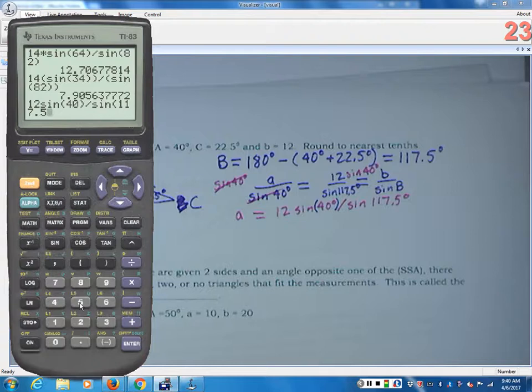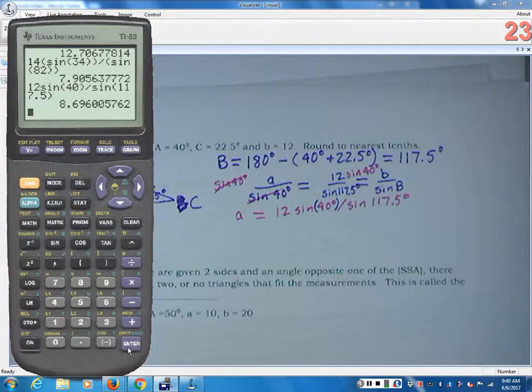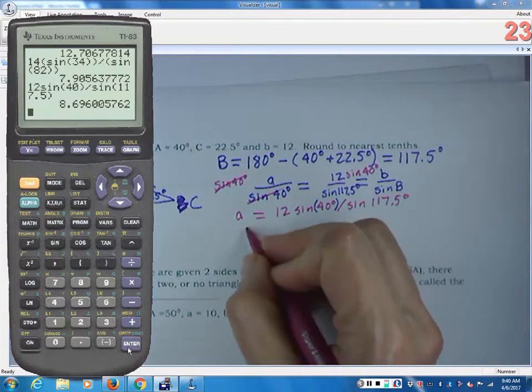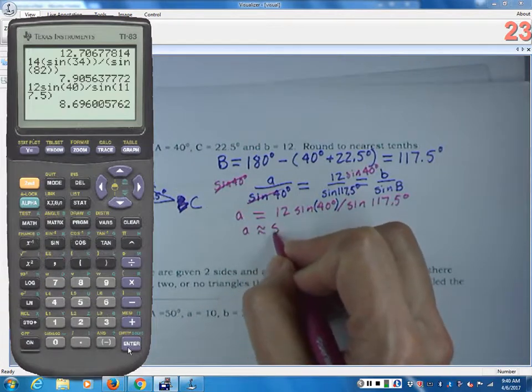You don't have to close that parenthesis, because when you hit enter, it closes it. And that's about 8.7. They didn't give units on this one, so a is approximately 8.7.